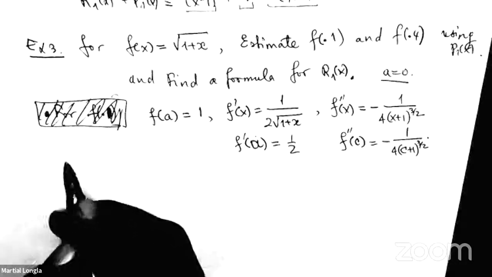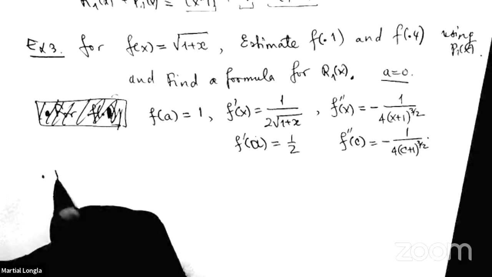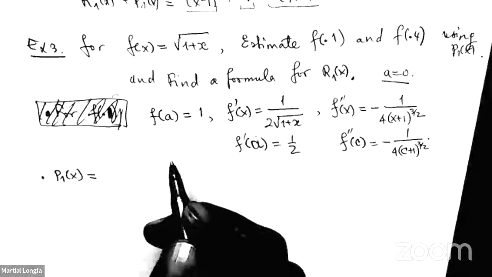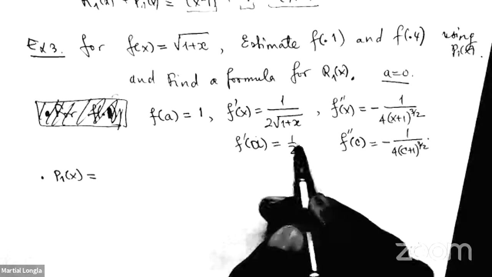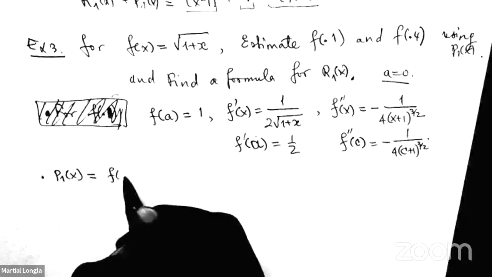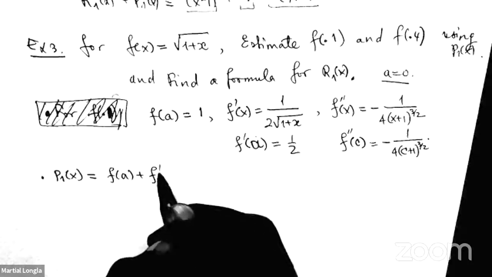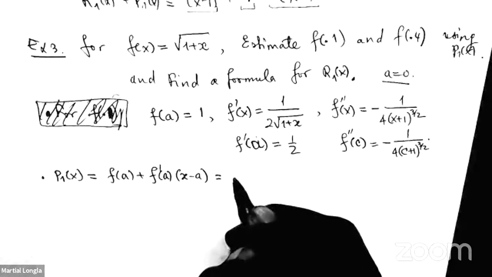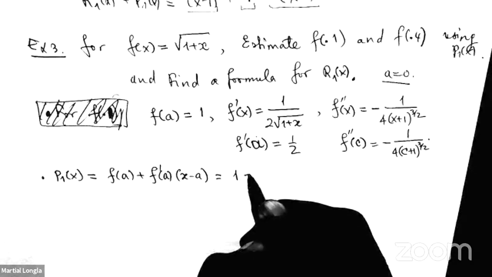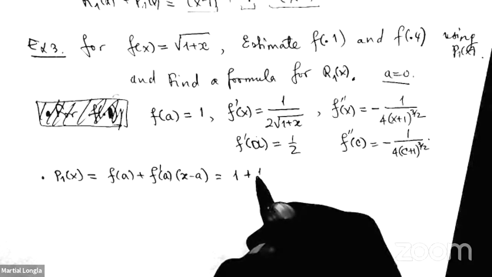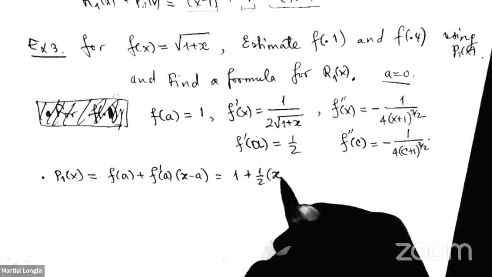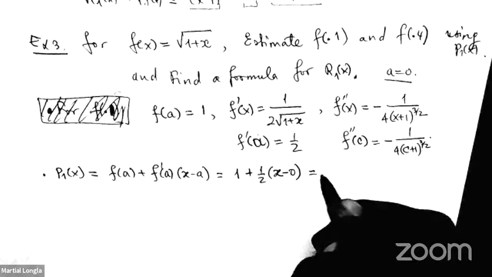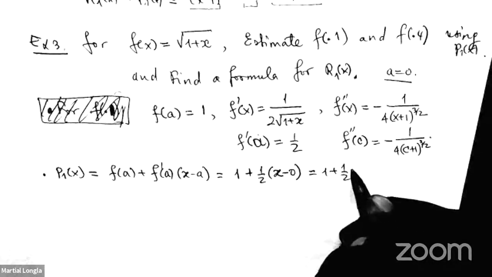And now we can find P1 of x in general. That would be f of a plus f prime of a times x minus a. In this case, that is 1 plus 1/2 times x minus 0. So that's just 1 plus 1/2 x.